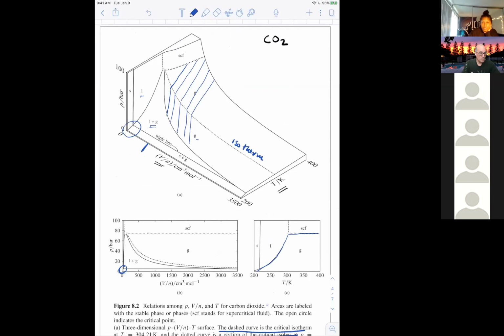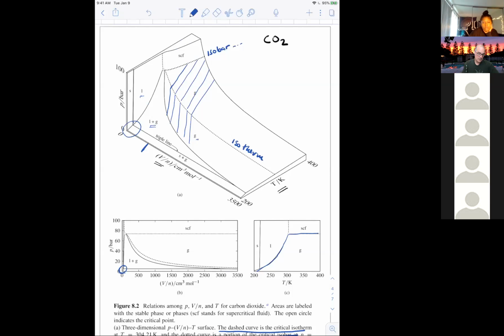We haven't really defined what critical means. And this dotted line is the critical isobar, right? So the isotherm is vertical and the isobar is horizontal in a two-dimensional representation.